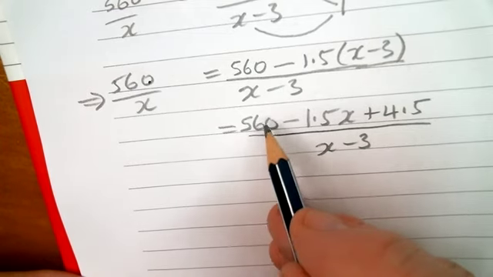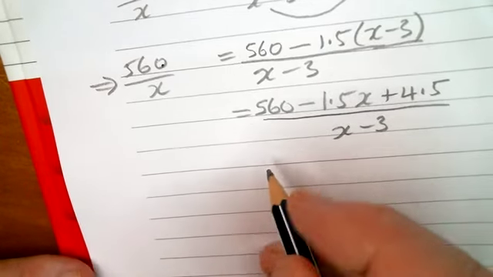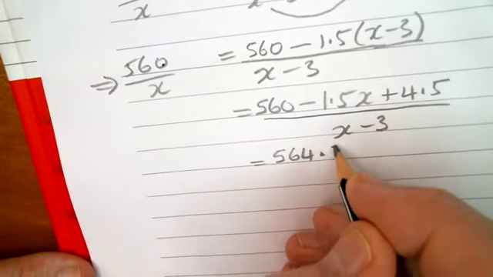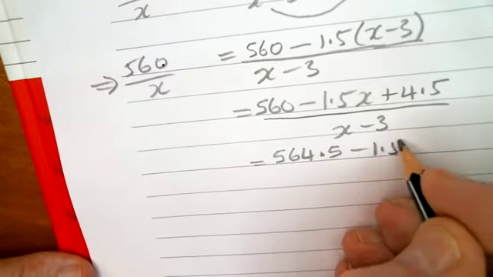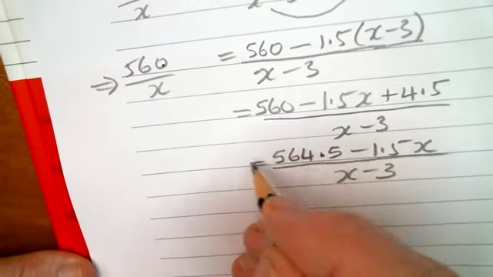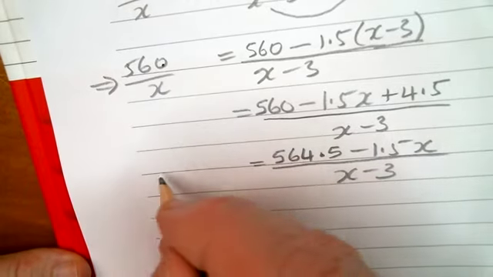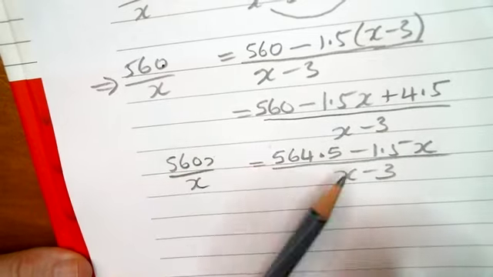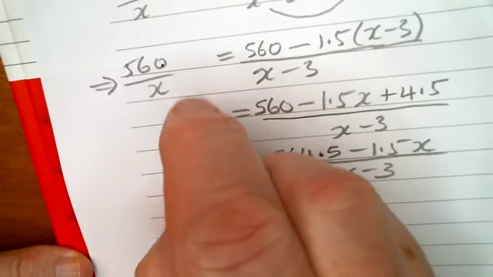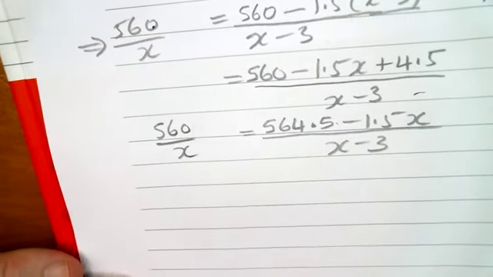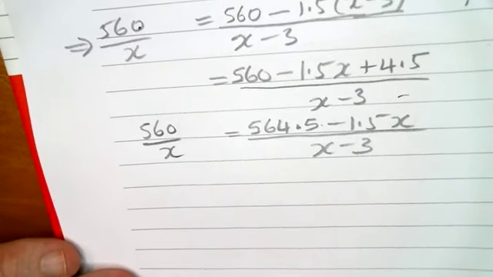So I've got 560 and 4.5 is going to be 564.5 minus 1.5x on x minus 3. And all that, of course, is equal to 560 over x. Oh, sorry, 560 over x. Let's not make it 560x. Just catching mistakes as I do them, of which there'll be a lot.